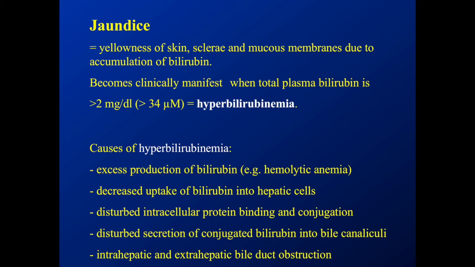There could be disturbed intracellular protein binding and conjugation, or disturbed secretion of conjugated bilirubin into the bile canaliculi, and there are several diseases that cause that. Or there could be a blockage in the hepatic and extrahepatic bile ducts, causing a feedback that builds up the bilirubin in the blood, and the symptoms and signs of jaundice are then seen.